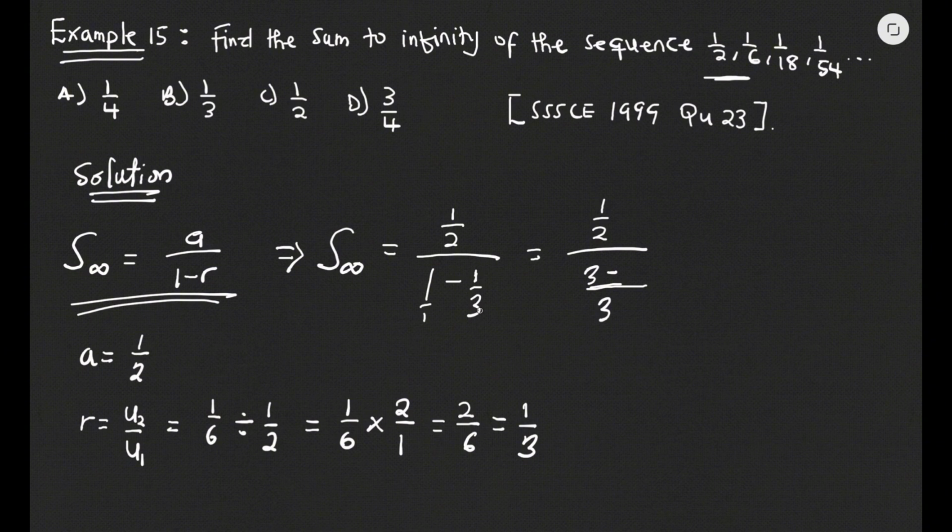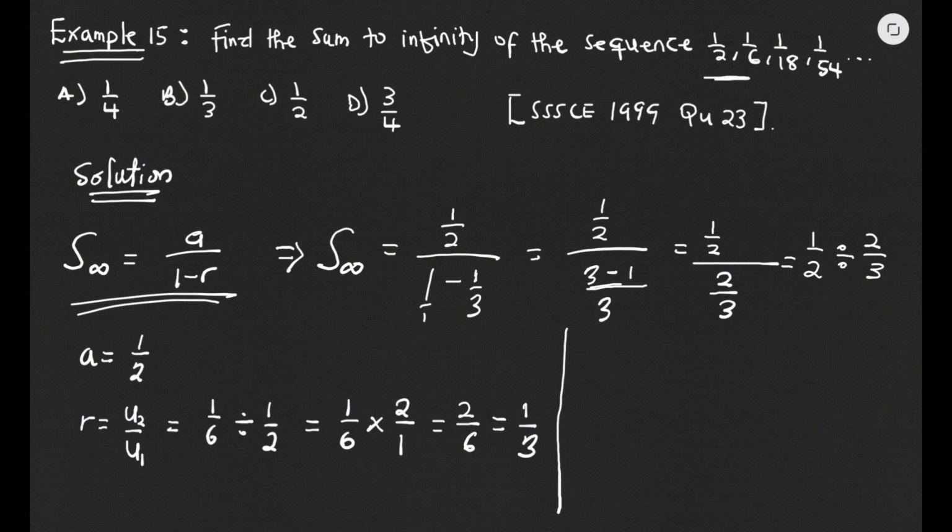Then minus 3 will go into itself 1, and that 1 multiplied by 1 gives me 1. So I have 1 over 2 at the top, all over 3 minus 1, which gives me 2, divided by 3. This is the same as writing 1 over 2 divided by 2 over 3.